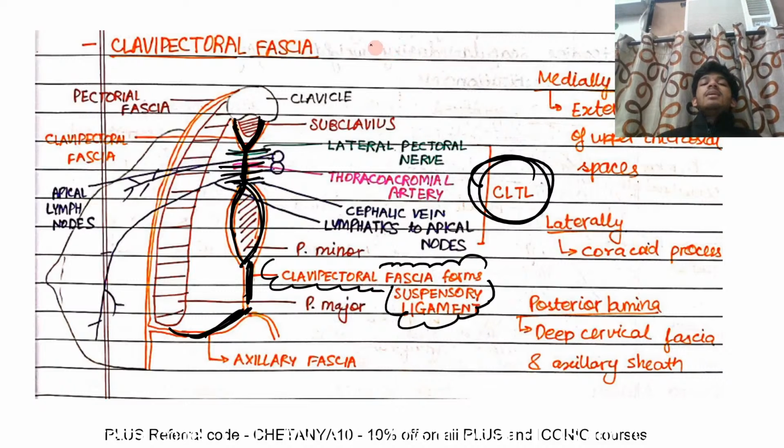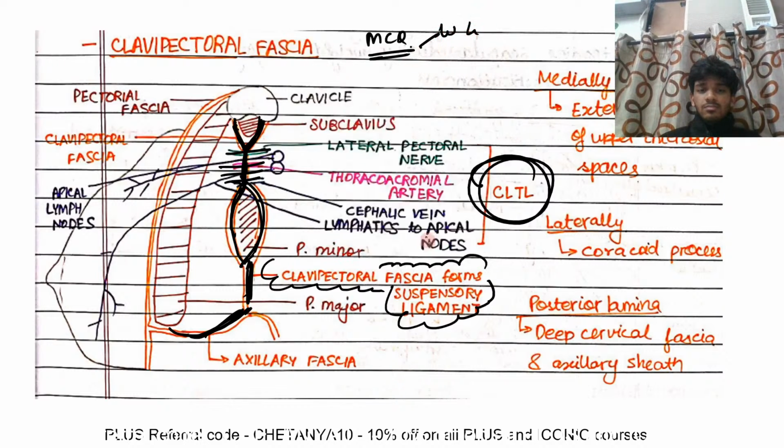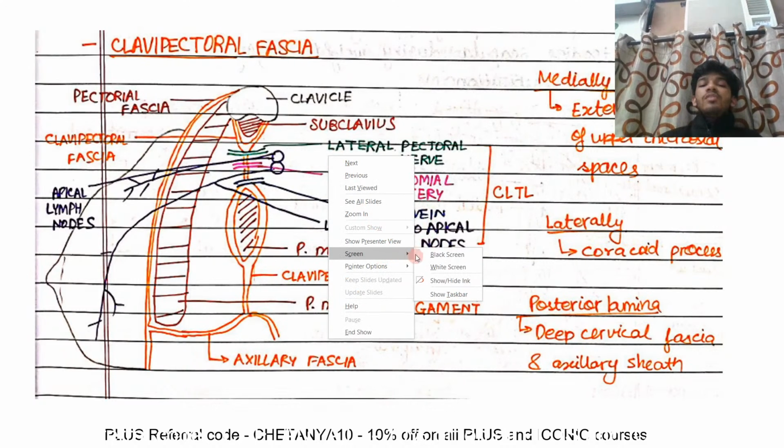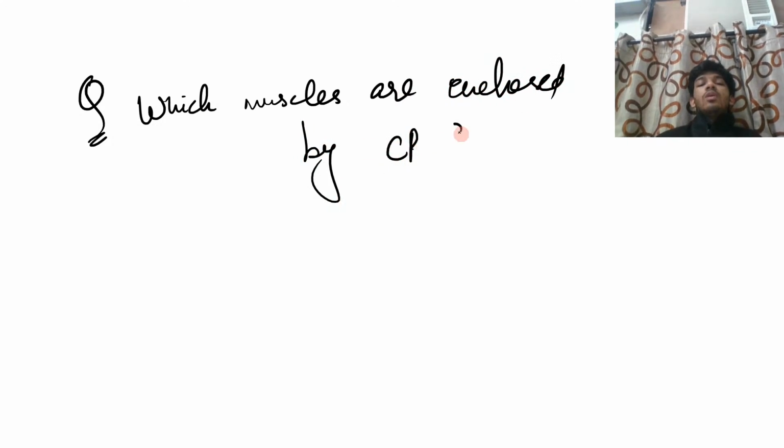So keep in mind one other MCQ that I might ask you: what are the muscles enclosed by the clavipectoral fascia? If I ask you this question, which muscles are enclosed by the clavipectoral fascia, what would be your answer?